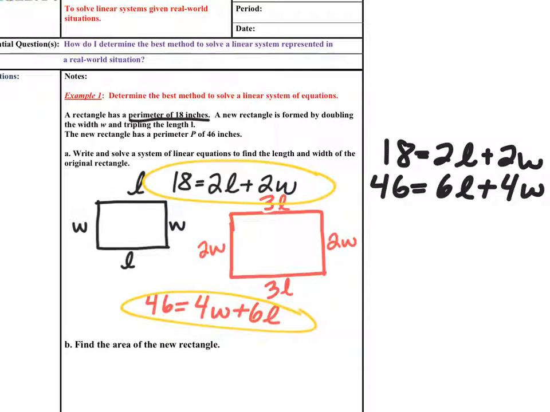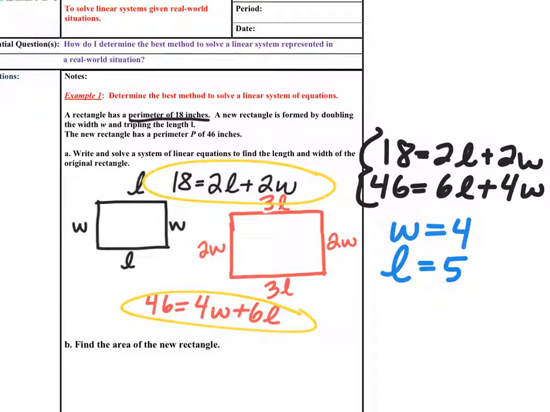Like that. Class, what do you get for the width? 4. Say it aloud. 4. And so then what do you get for the length? 5 inches.